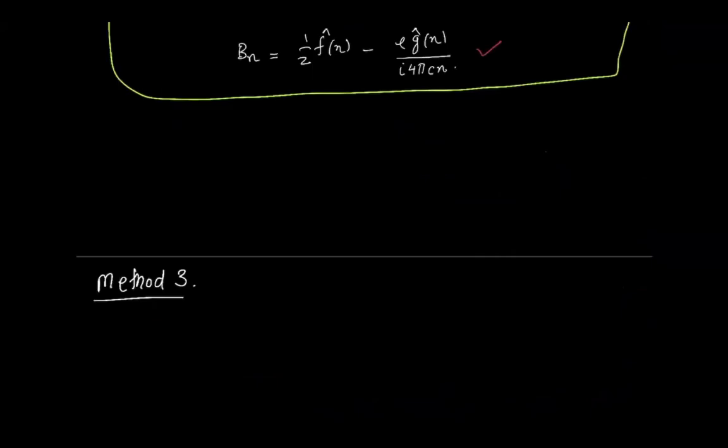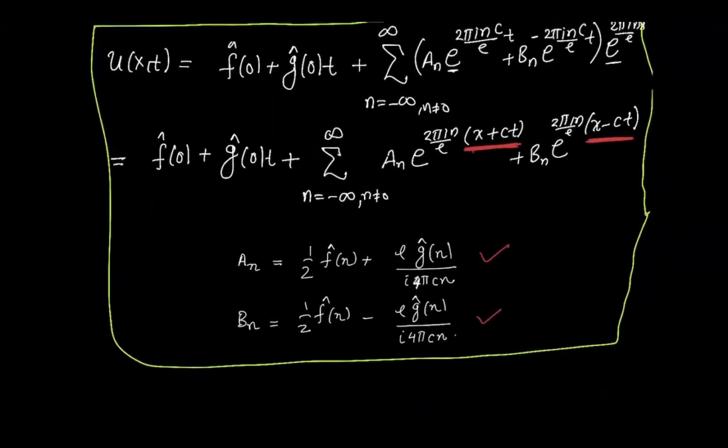This solution and the previous solution are the same, and you will show in your homework that you have two different ways of calculating the solution of the wave equation, but ultimately both solutions are the same thing. So method number 3 is called the d'Alembert solution, or formula, sometimes they say.